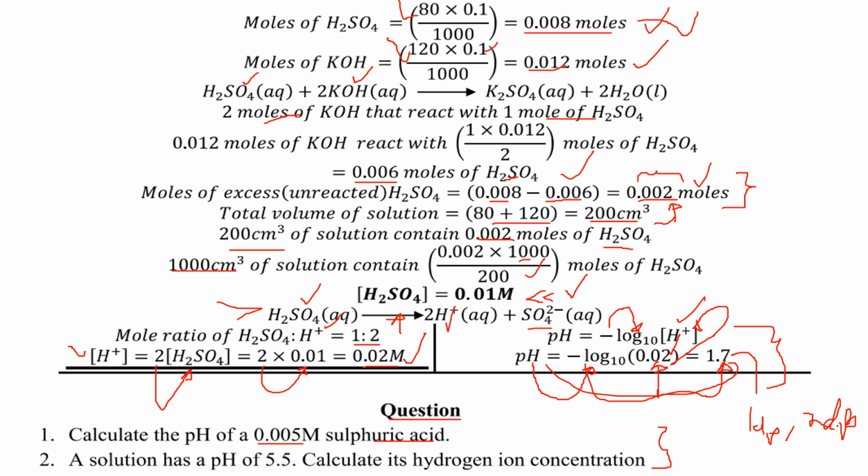Number 1, calculate the pH of a 0.005 molar sulfuric acid. And number 2, a solution has a pH of 5.5. Here you are given the pH and told to calculate its hydrogen ion concentration, which you have already done an example about, reversing pH.